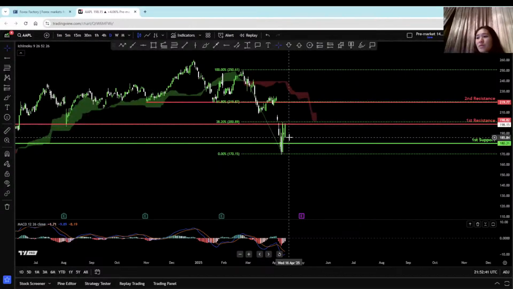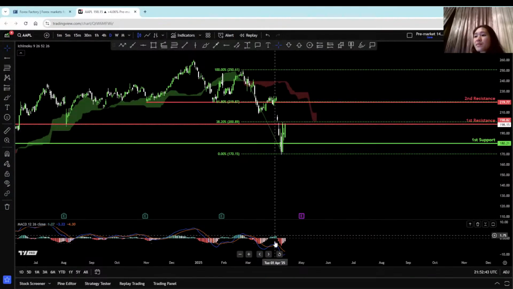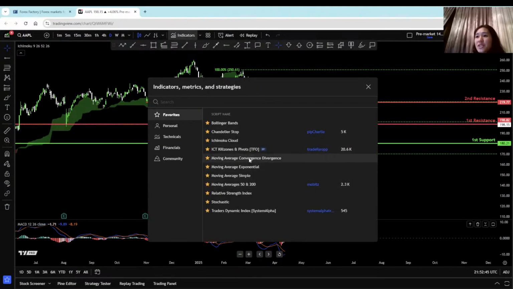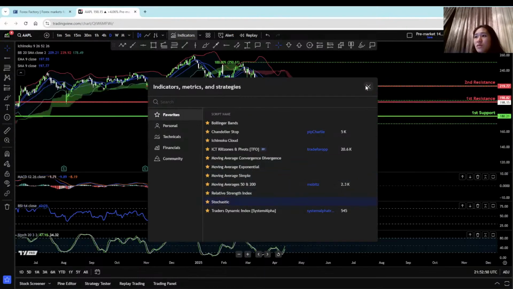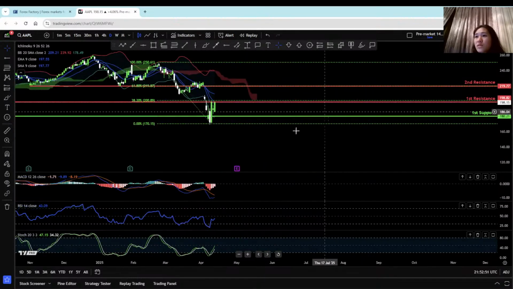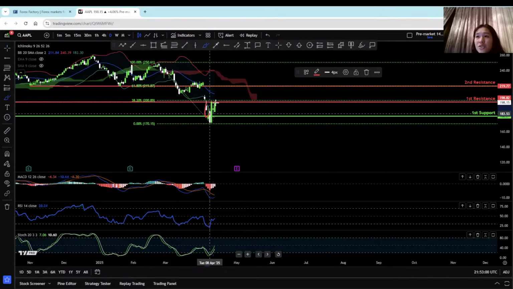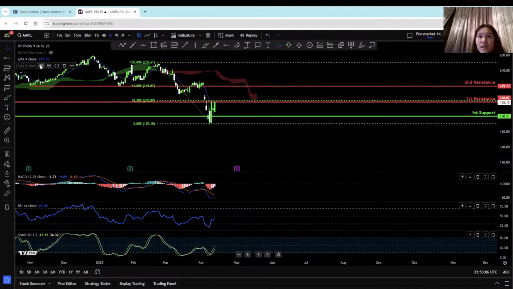Prices are moving below the cloud. MACD is giving us a bearish signal. Bollinger Bands aren't really telling us much because you can see prices recently rebounded off the edge of our Bollinger Band, so it doesn't really give us any strong signals right now.